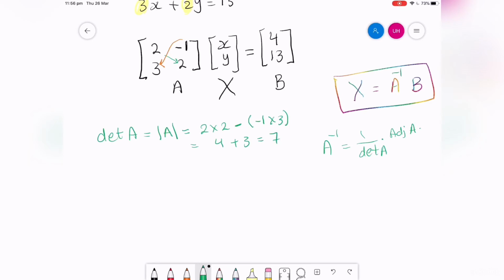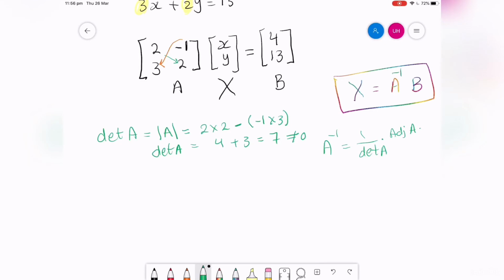So the determinant of A equals 7, and therefore is not equal to 0. Then this matrix is non-singular, which means we can find the inverse for it.